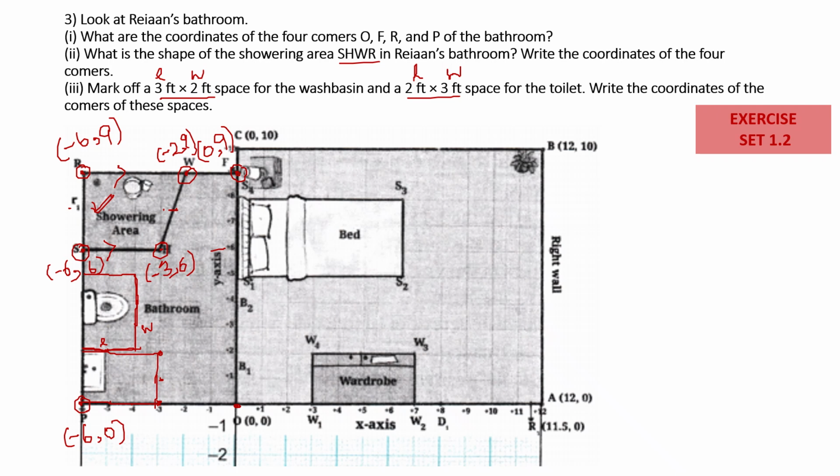So now the next question they have asked: write the coordinates of the corners of these spaces. So we need to write the coordinates for all these four corners. First for that we need to give some vertices, then we will write the coordinates. Already P is there, R is also there, so I'm going to mark the vertices as K, and here L, over here M. Since both are joining at the same point, one is enough.